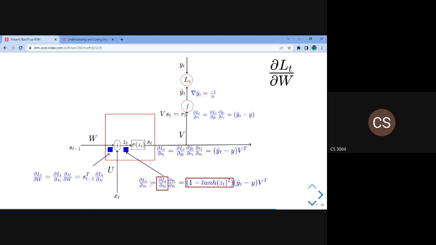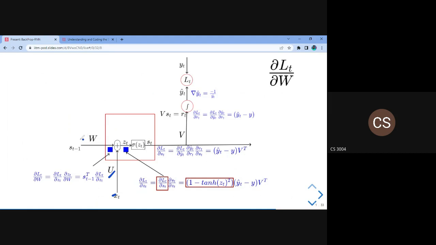So this simply progresses, and once again I repeat the same and end up with the same equation. For U, instead of ST minus 1, I will end up with XT transpose. That is the only difference. Now, a few more steps.